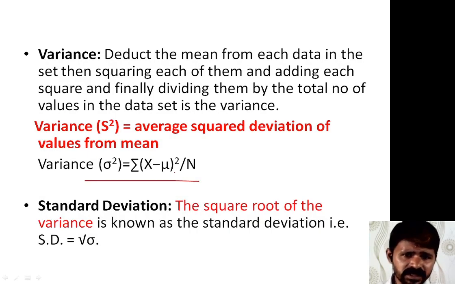Variance means we deduct the mean from each data value in the data set, square each of them, add the squares, and finally divide by the total number of values in the data set. The square root of this variance is known as the standard deviation.